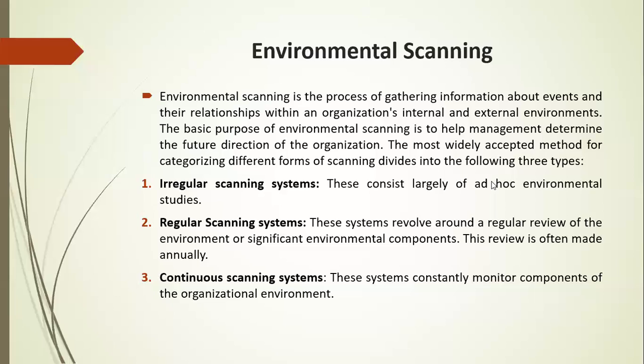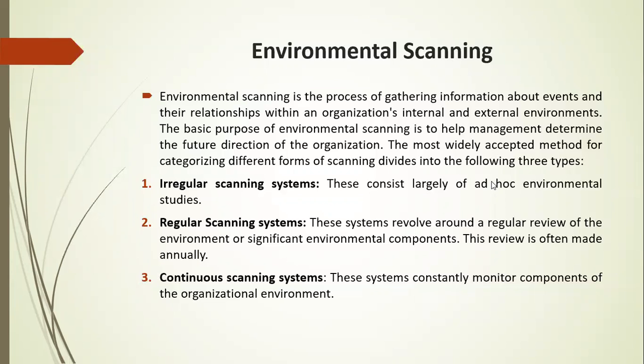Similarly, the other type of environmental scanning is regular scanning. Regular scanning happens at periodic intervals, from time to time. It might be every 6 months, or every 3 months.